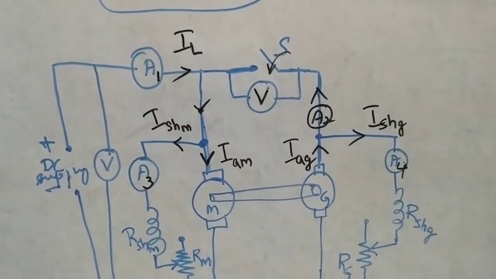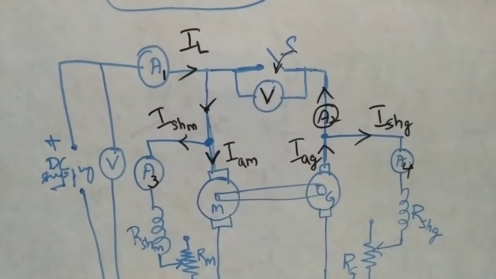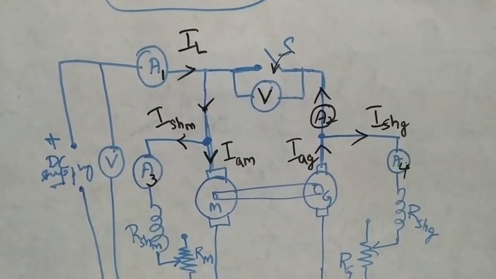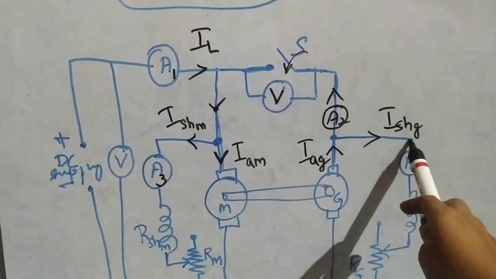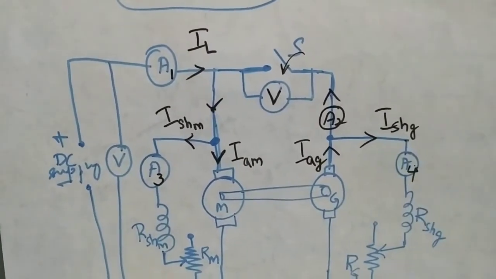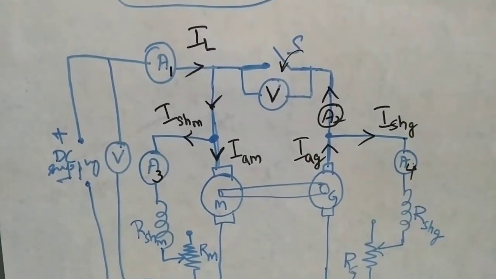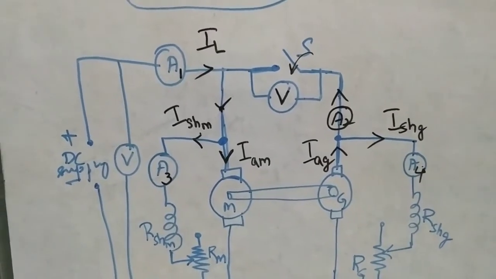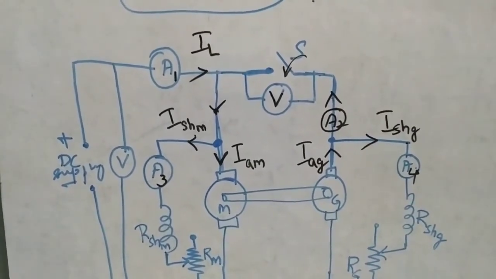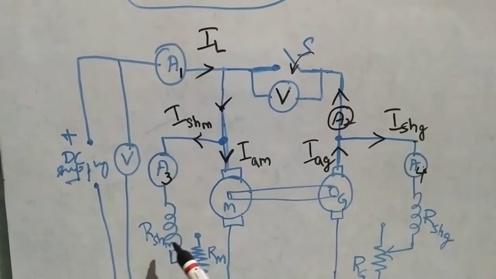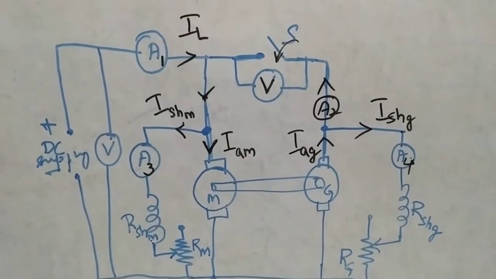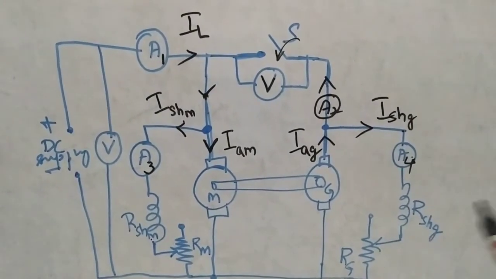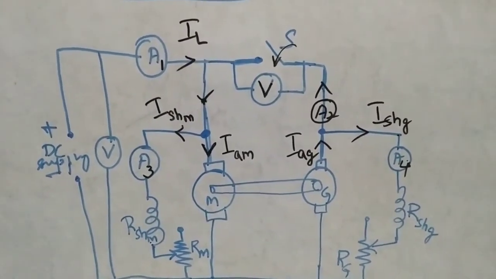I shunt M is the motor shunt field current. I shunt G is the generator shunt field current, and also the respective resistances. RA will be the armature resistance of each machine, and R shunt M will be the motor shunt field resistance. R shunt G will be the generator shunt field resistance.